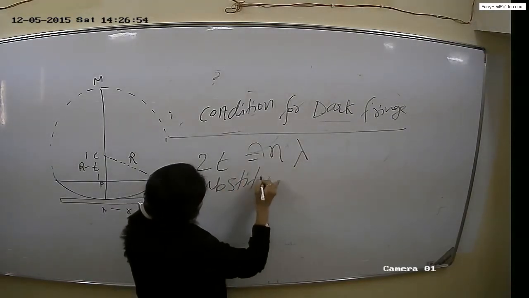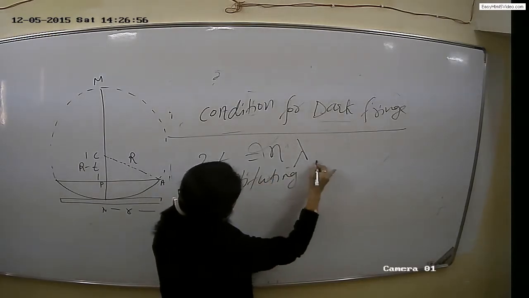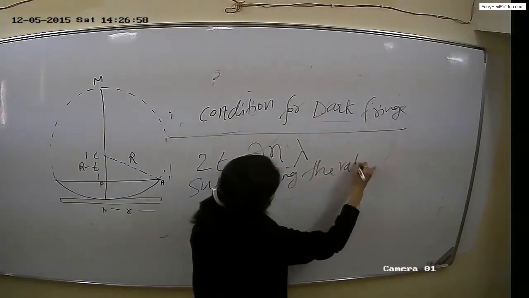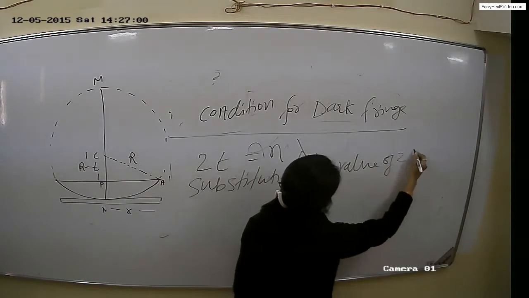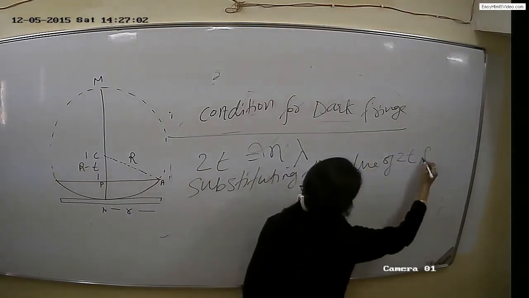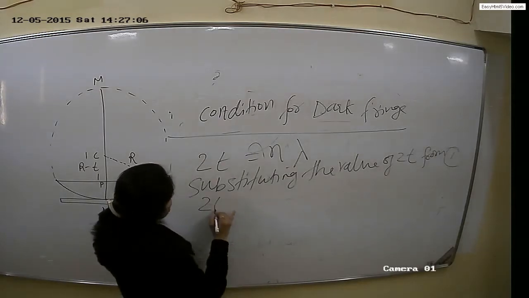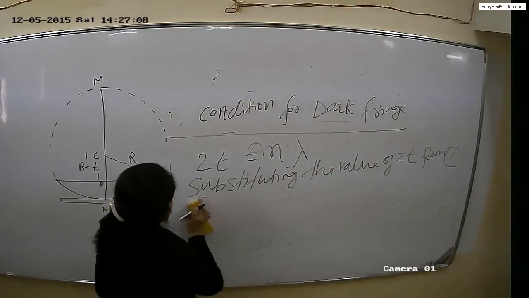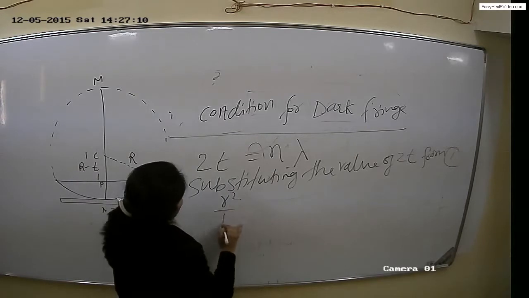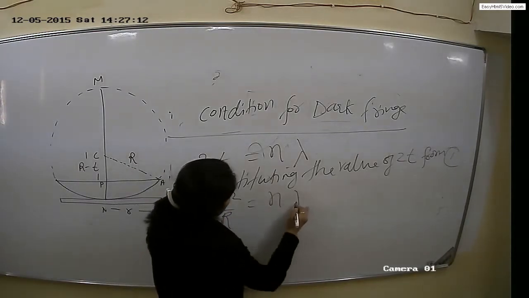Substituting the value of 2t from equation number 1, we get r square upon R is equal to n lambda.